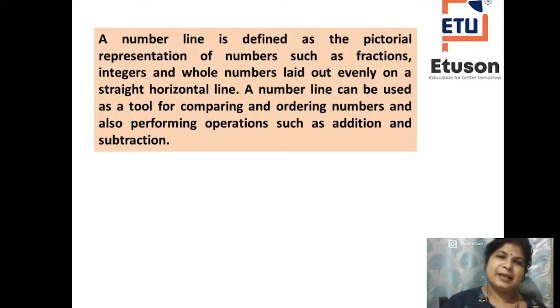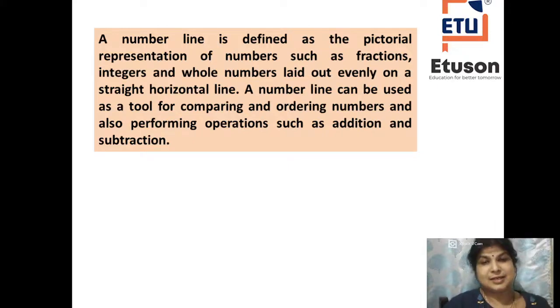A number line is defined as the pictorial representation of numbers such as fractions, integers, and whole numbers laid out evenly on a straight horizontal line. A number line can be used as a tool for comparing and ordering numbers and also performing operations such as addition and subtraction. ये तो भारी भरकम definition हो गया.